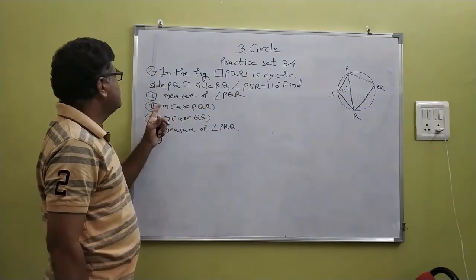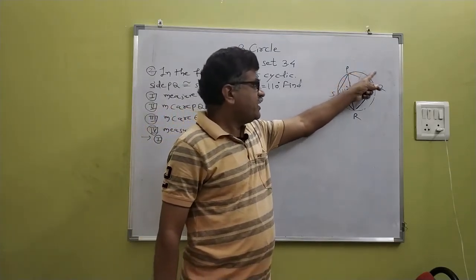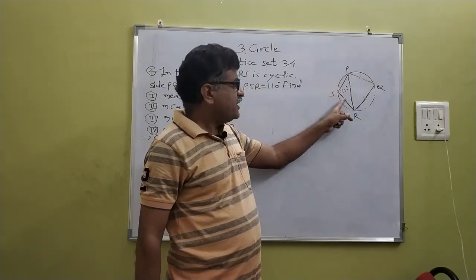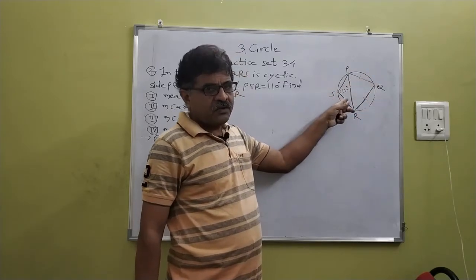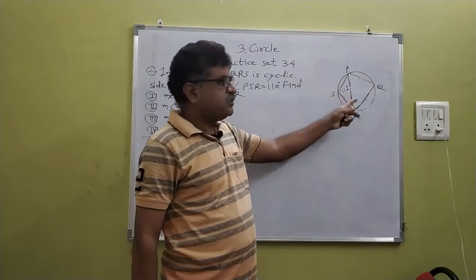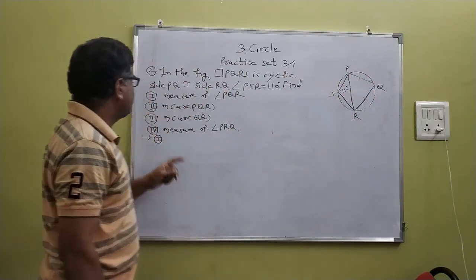This is first. Now second, we have to find the measure of arc PQR. Angle PSR is equal to 1 upon 2 measure of arc PQR by the inscribed angle theorem. By using this, we can find the measure of arc PQR.